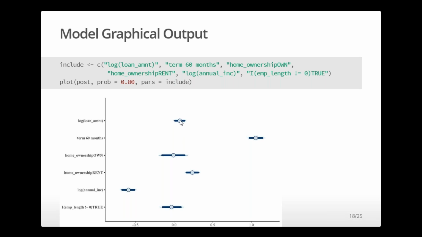The light blue circles here are posterior medians. That is the value such that conditional on the data, our model, and our initial prior beliefs, there's a 50-50 chance that the true coefficient is lower than this, 50-50 chance that it's greater than this.